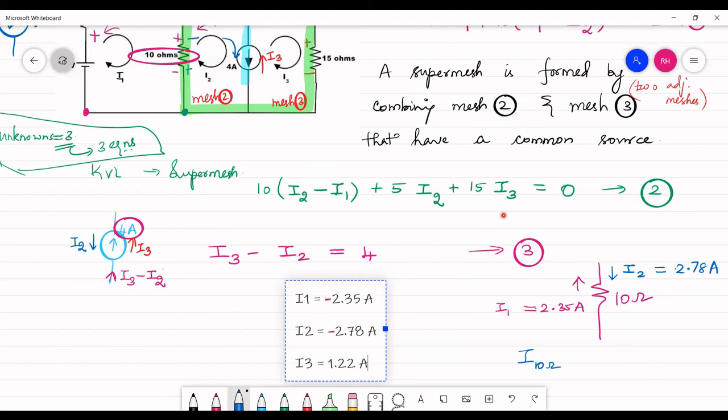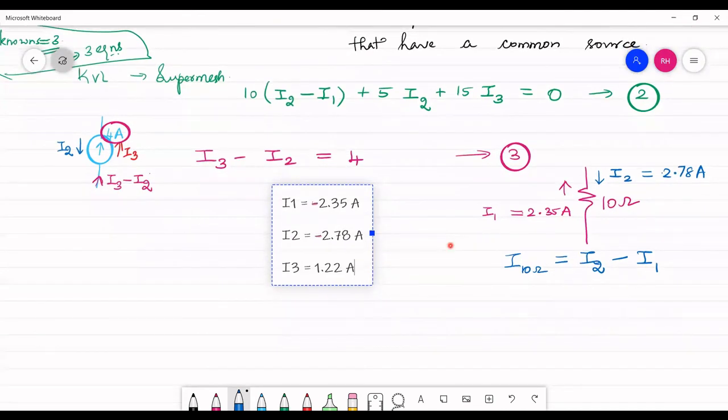So the current through the 10 ohm resistor is equal to the greater current I2 minus I1, because they are flowing in opposite directions. The value of current flowing in the 10 ohm resistor is the difference of I2 and I1, which is 0.43 ampere.